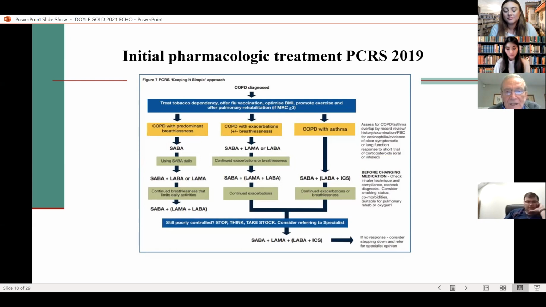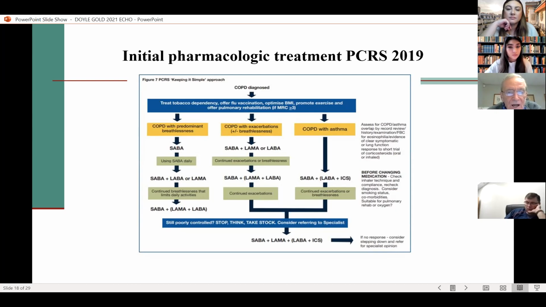And they did this based on, in 2019, comparing the NICE guidelines and the GOLD report and noticing that there were some differences and coming up with their own, what they call common sense approach for the primary care provider, which is called GP in the UK, where everybody in the country has affordable health care without losing it when they lose their job, or having to change it when they move from one job to another. And so in the UK, this is what they came up with and recommended.